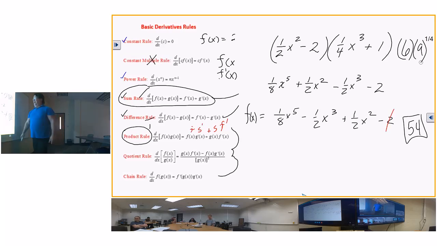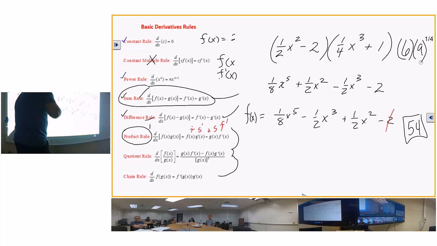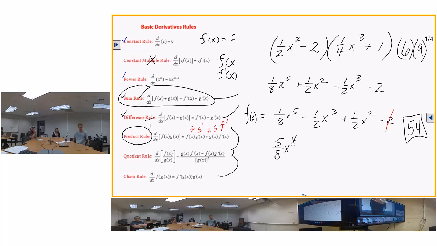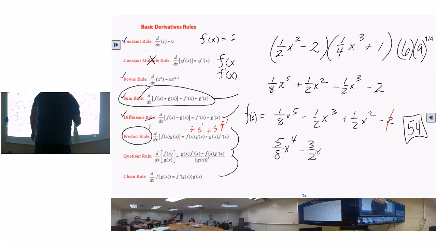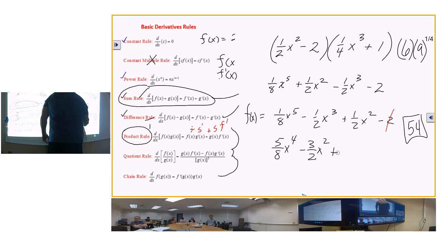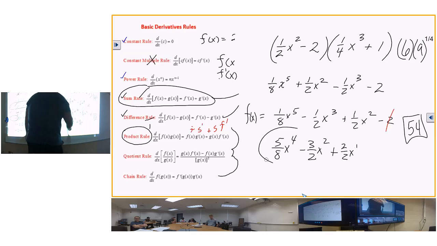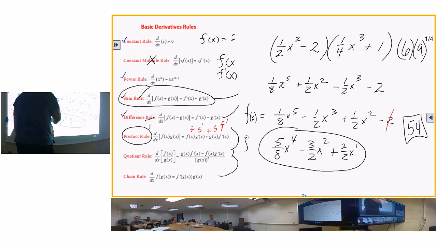Okay, so let's see if we can do this. 5 times 1/8. Might need your calculator. 5/8 x to the what? 4th. Right. Minus 3/2 x to the 2nd plus 1, or I'm going to put 2/2, so 2/2 x to the 1st. And that is f prime of x.